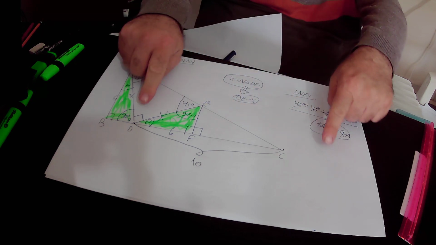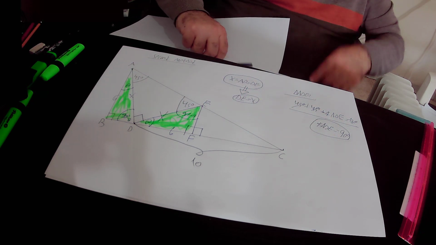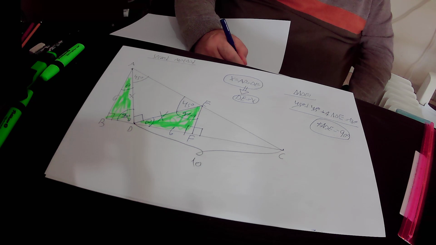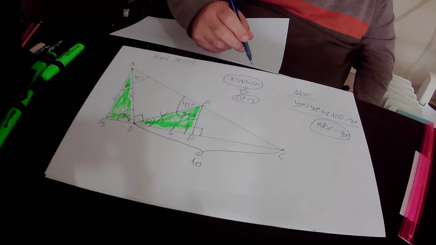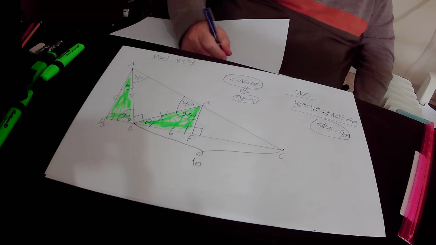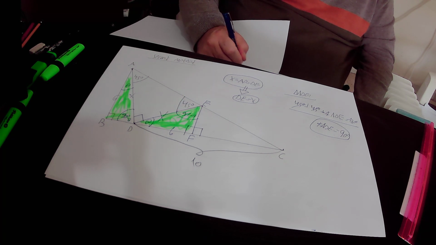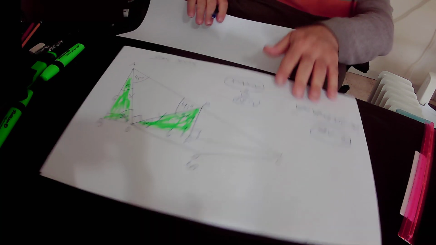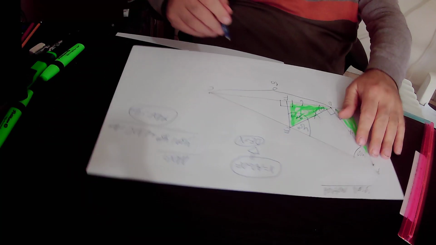Again, DC minus DF equals FC. So FC is equal to DC, that is 10 units, minus DF, that is 6 units. 10 minus 6 is 4. So we found out that FC equals 4 units.